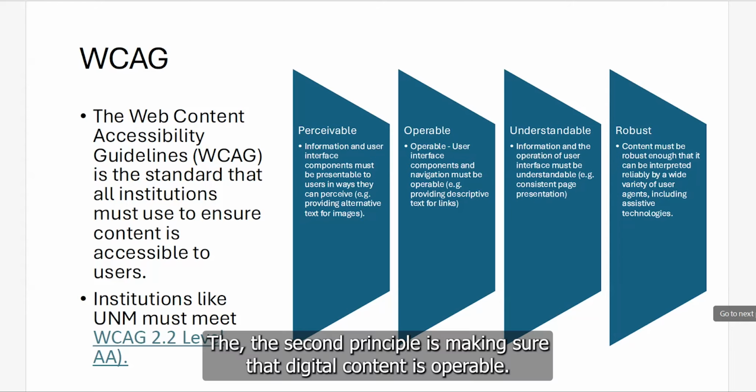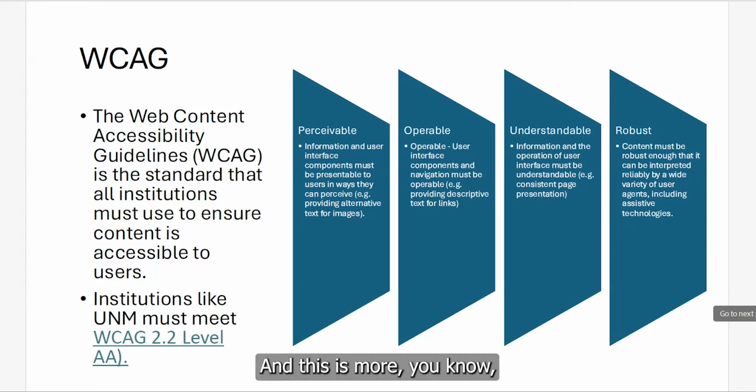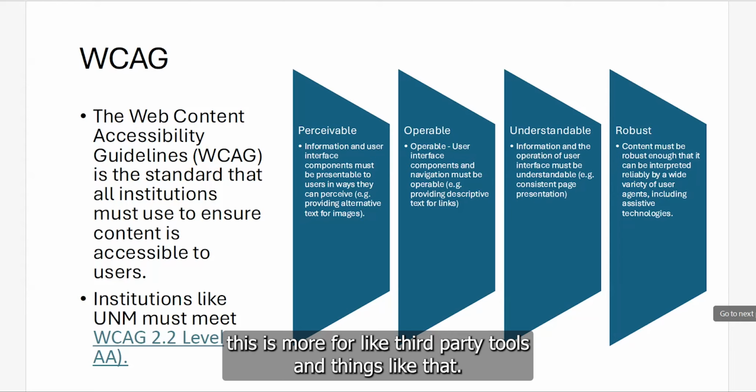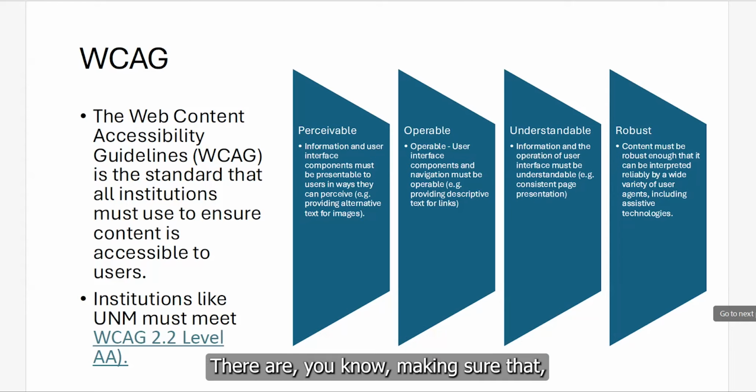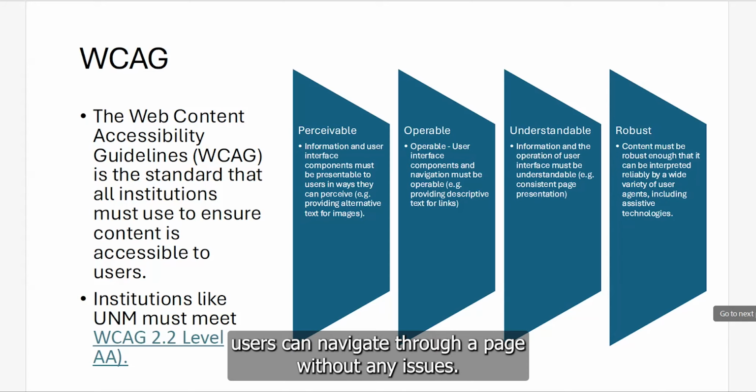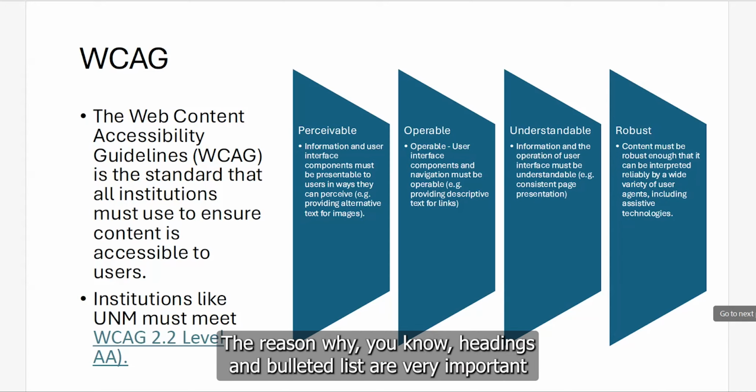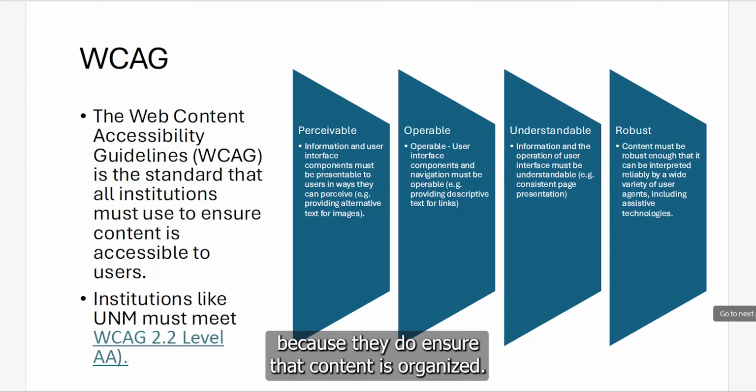The second principle is making sure that digital content is operable. And this is more for like third-party tools and things like that. Making sure that users can navigate through a page without any issues. The reason why headings and bulleted lists are very important, because they do ensure that content is organized.